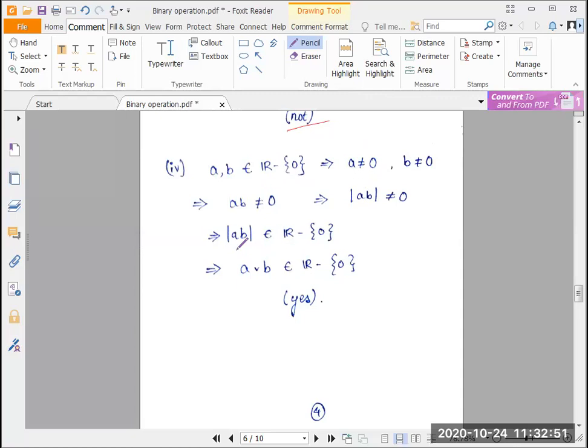So if A and B are numbers like that, then AB will also be a number like that, because I had mentioned before that multiplication is a binary operation on the set of rational numbers, and rational numbers are a subset of real numbers.